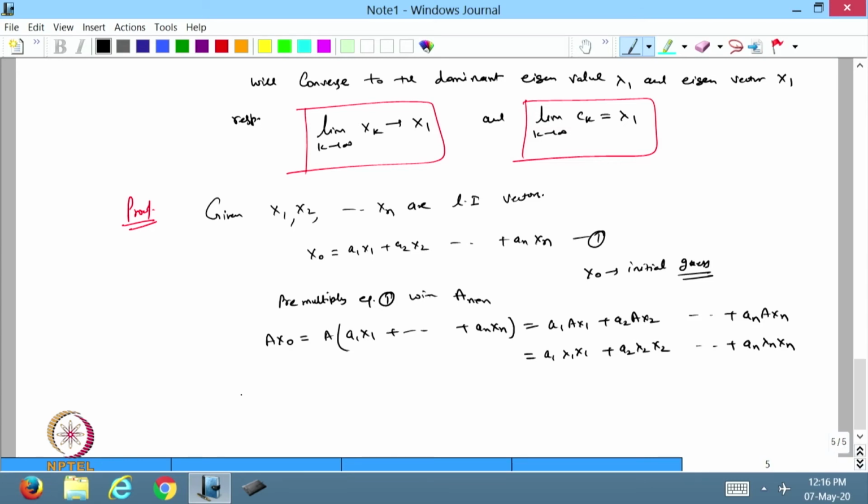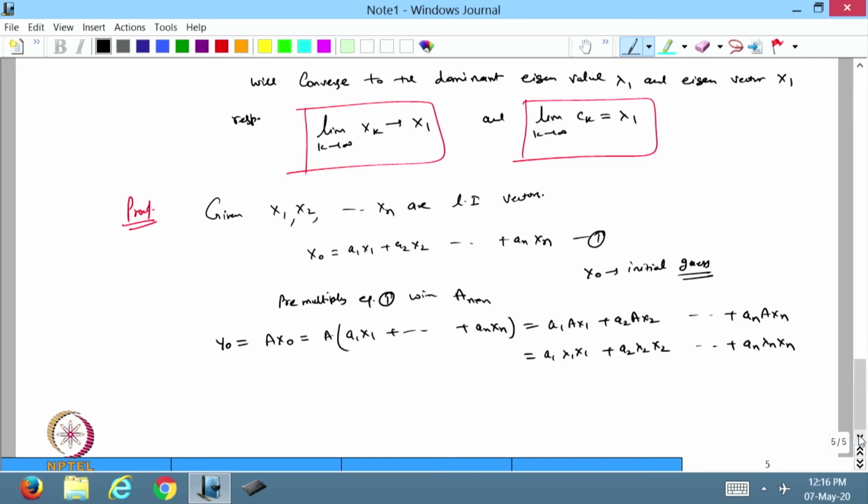Now, this A x naught is equal to y0. In y0 I will take the factor C1 common.